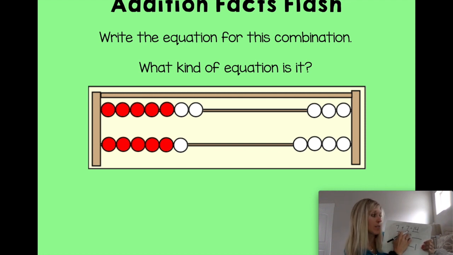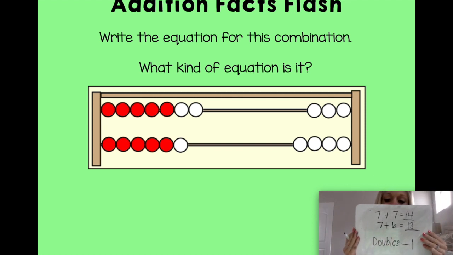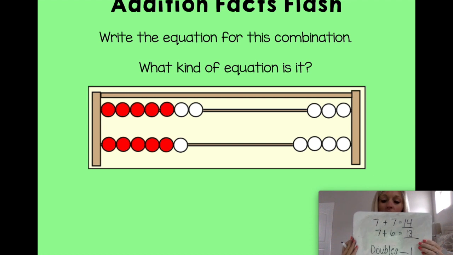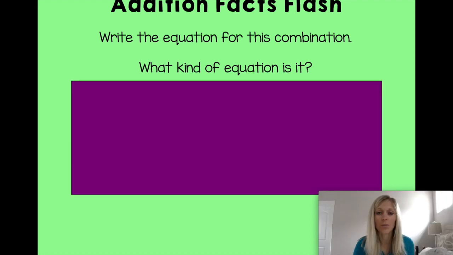So if I know 7 plus 7 is 14 and I minus 1, what would my answer be? That's right. 7 plus 6 equals 13 because it's minus 1 from the double. Doubles minus 1. Your equation should look like this. Doubles minus 1. All right.